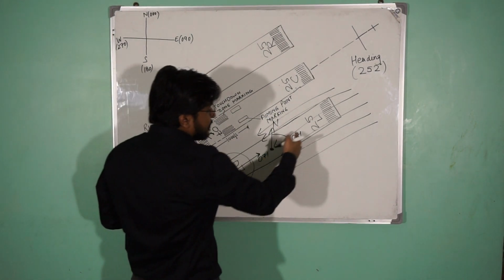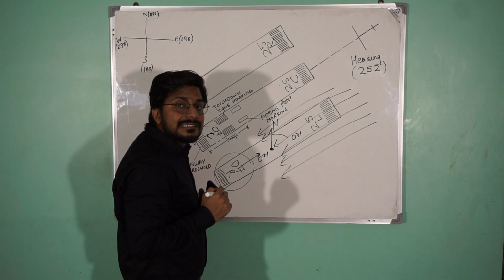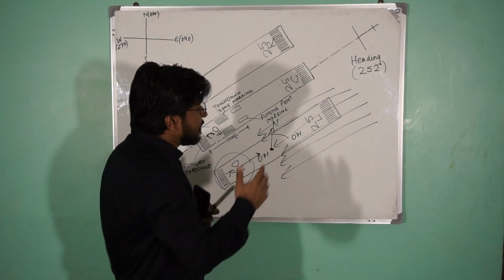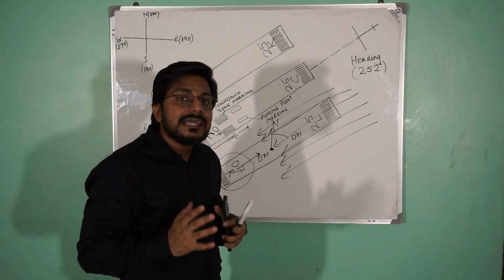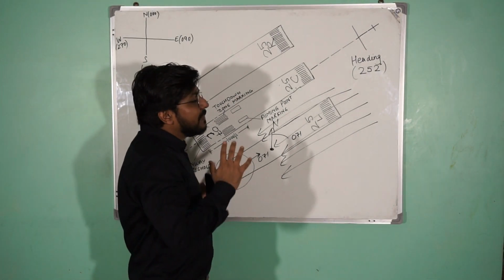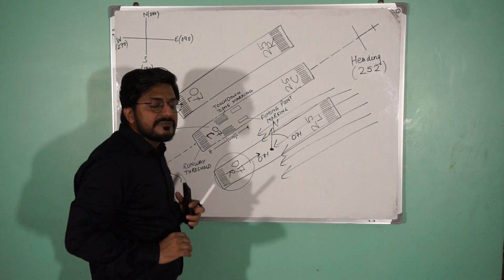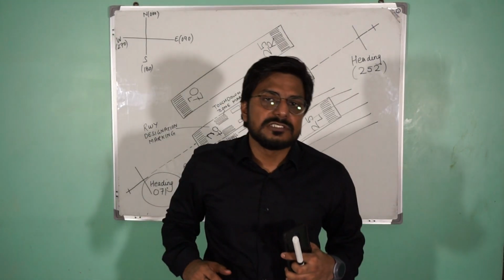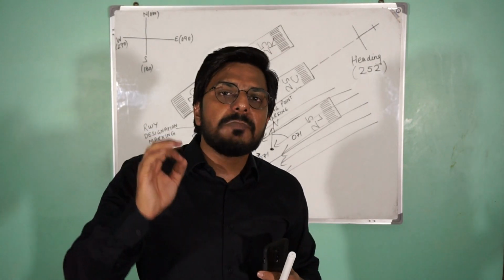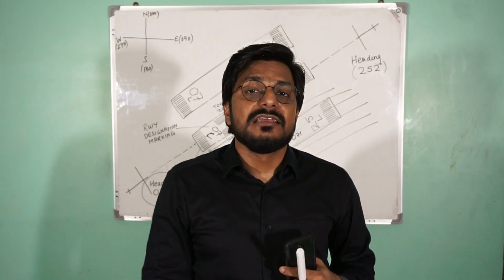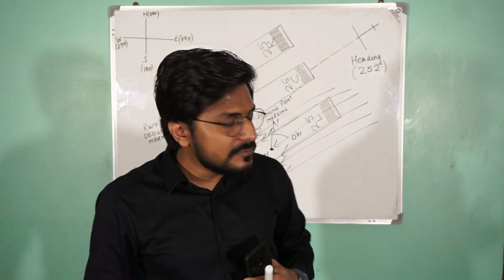Otherwise, if you see the direction where it is going, it is actually 25. So the best wind direction for runway 07 will be 070, because that will give a perfect headwind for the aircraft using runway 07.